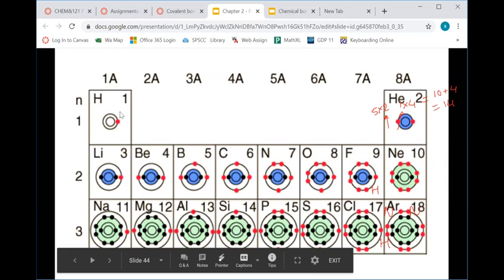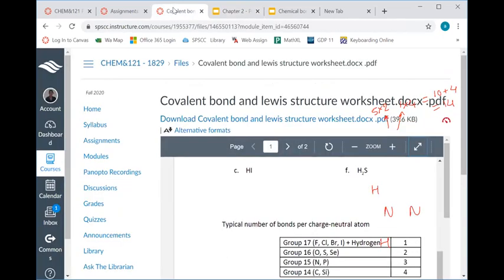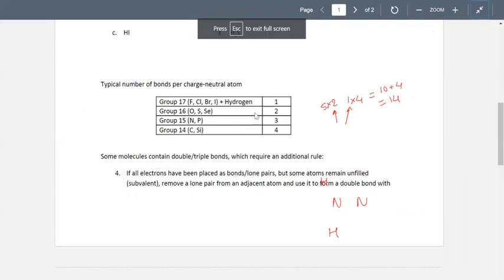Hydrogen needs 1 more electron to have its valence shell full. So that's why you see these here. And when you look at this 17, 16, 15, 14, you should also know that's because of that. Because carbon has 4 electrons, it can take 4 more electrons. Make sense?